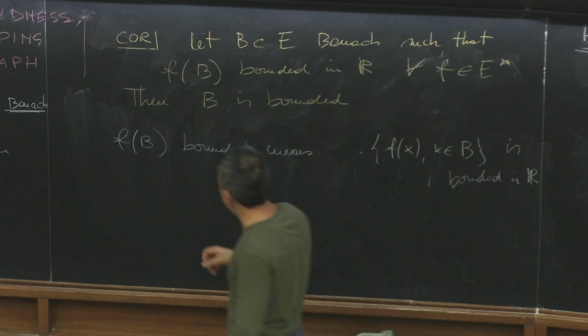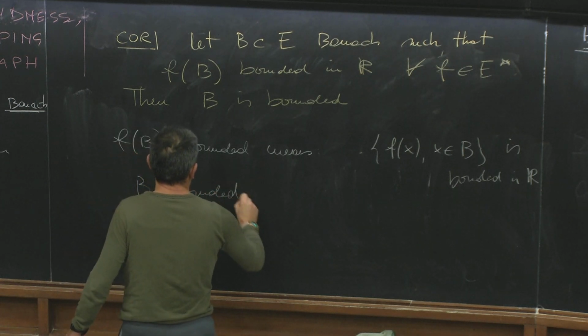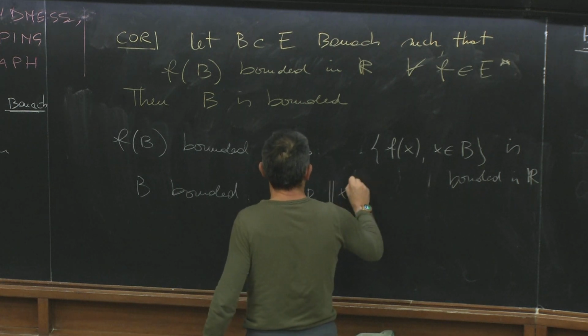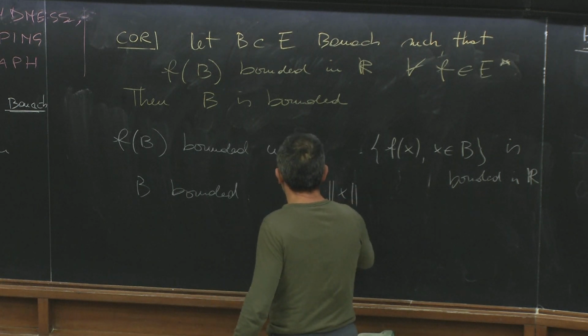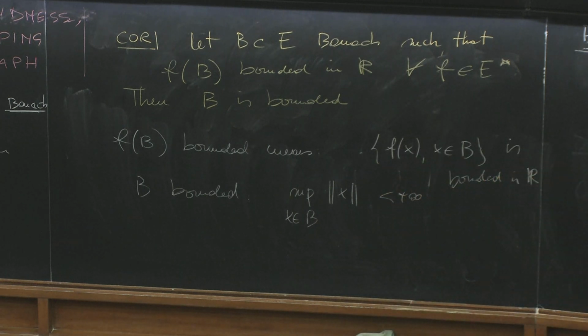The other one says that B bounded means that the supremum of the norm of x is less than plus infinity. And here we cannot use the Hahn-Banach theorem directly.